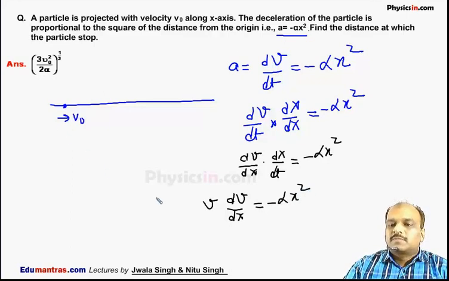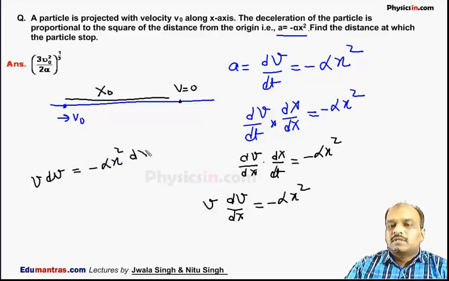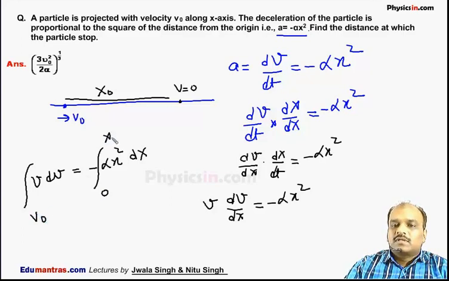Now from this expression, when the particle comes to rest, let this velocity be 0 and let this distance be x naught. So v dv is equal to minus alpha x squared dx. Now I will integrate it. When x is 0, the speed is v naught. When x is x naught, the maximum distance traveled by the particle before stopping, the final velocity becomes 0.